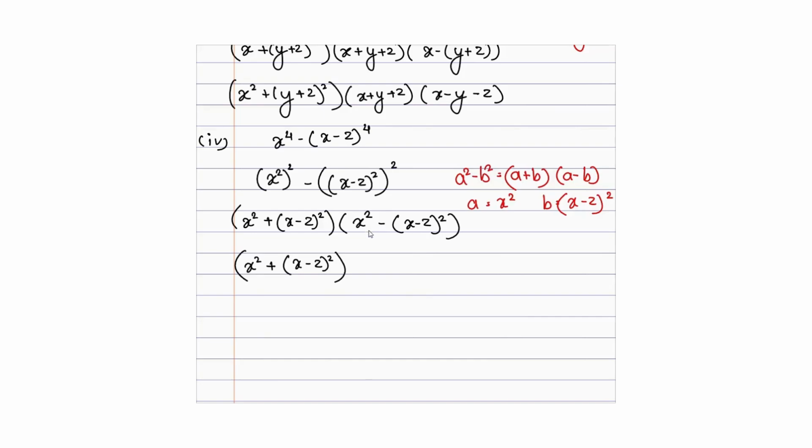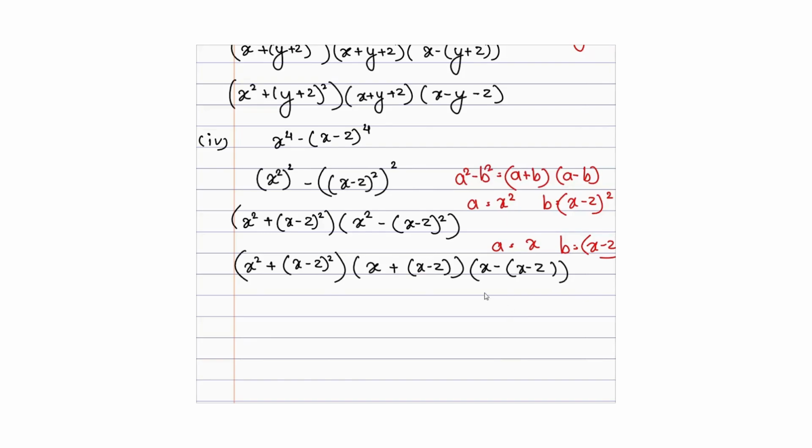Here again we can see the same formula, a square minus b square. What is a square minus b square? That is (a plus b)(a minus b). But here what will be my a? Here my a will be x and my b will be x minus z. So this time my equation will be (a plus b), that is x plus x minus z, right? And (a minus b), that is x minus (x minus z).